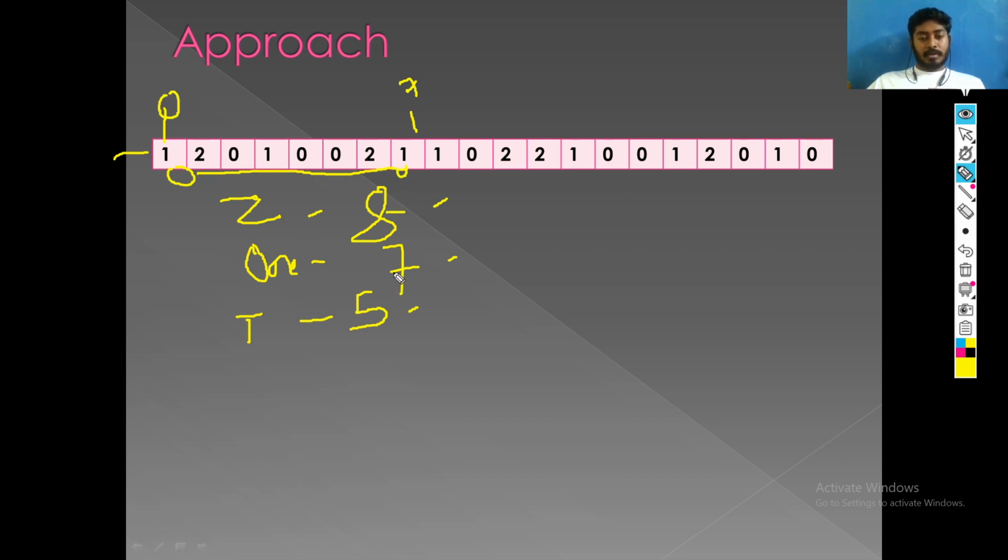After that, we replace the remaining part, which means the upcoming 7 elements, with 1. 8 plus 7 is 15: 7, 8, 9, 10, 11, 12, 13, 14, 15.